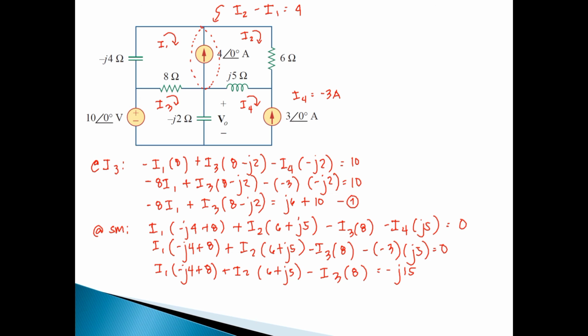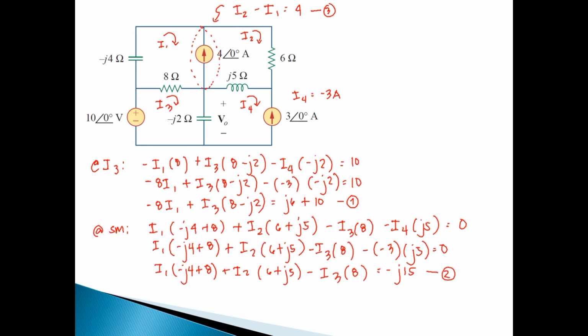So we have here the first equation with I1 and I3. Then the second equation, we have I1, I2, I3. Then we also have another equation, I2 minus I1 is equal to 4.